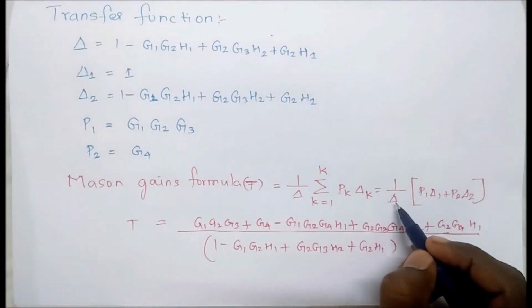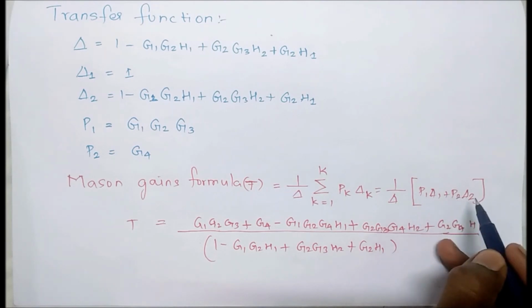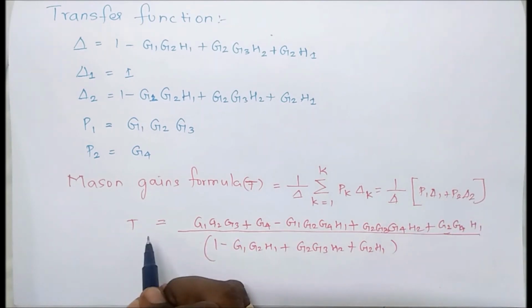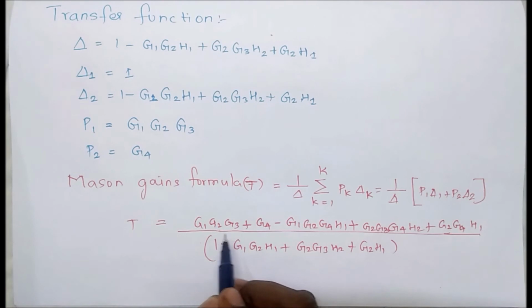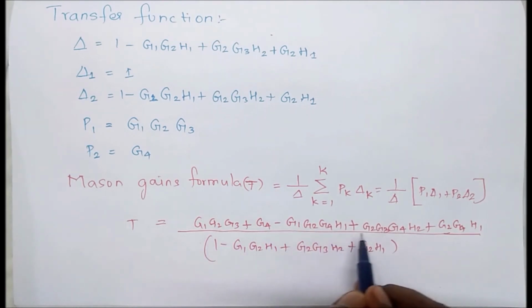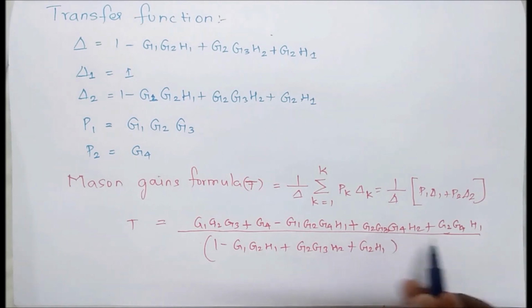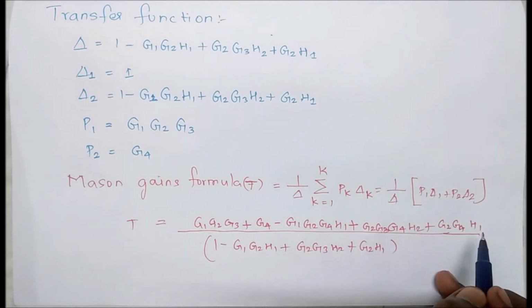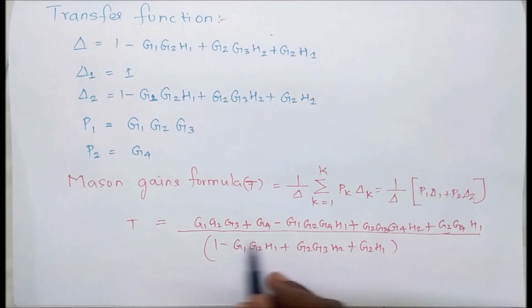Substituting the P1 del 1 and P2 del 2 values, we get the final transfer function T equal to G1 G2 G3 plus G4 minus G1 G2 G4 H1 plus G2 G3 G4 H2 plus G2 G4 H1 divided by this denominator term.